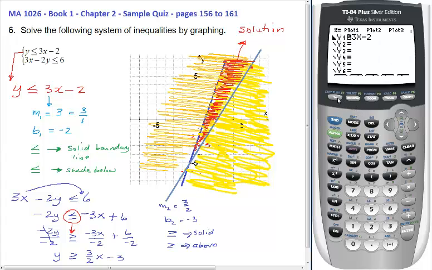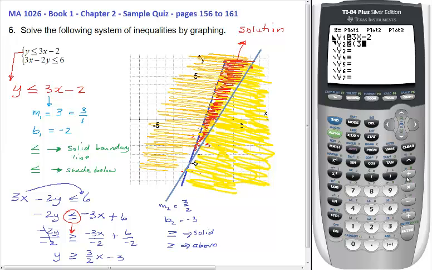So I'm going to go back to y equals, and go down to the second one. Now this time it's greater than or equal to, so I go to alpha again and hit graph to change it to greater than. See, it changed it to greater than, shade above. And I'm going to put in my equation. It's 3 over 2 x.